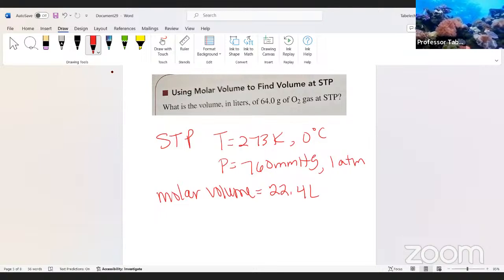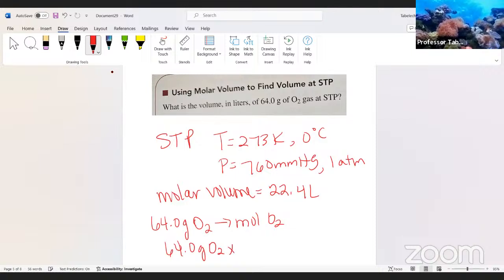Now, in this particular case, notice that they gave you 64 grams, but they're asking for the volume. What you're going to have to do is take the 64 grams and convert that to moles. So the 64 grams of oxygen, we've got to convert to moles of oxygen by using the number that we had in the previous problem for the molar mass.